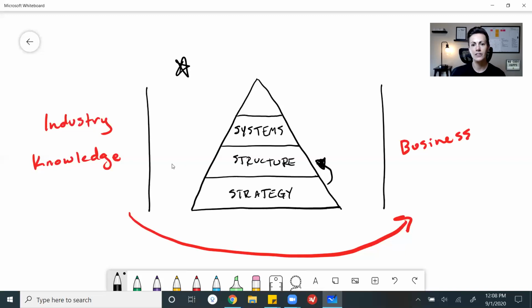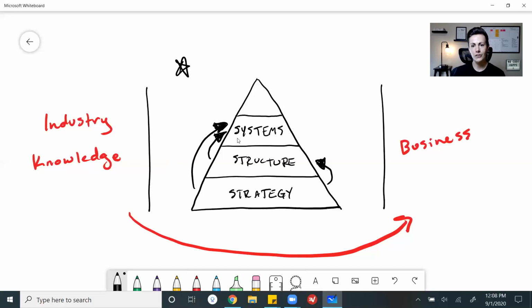These have to be built on top of that scalable base in order to be scalable. So we're taking the strategy and we are implementing it up into the systems, and we're taking that scalable structure and implementing it up into the systems.